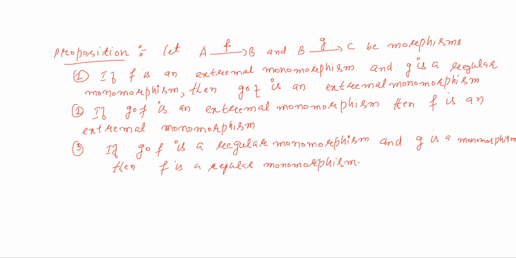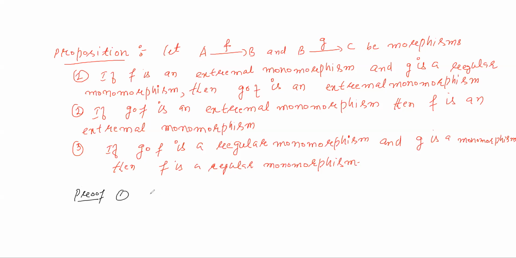So these things we have to see. Let us see one by one. Let g be a regular monomorphism. Okay.